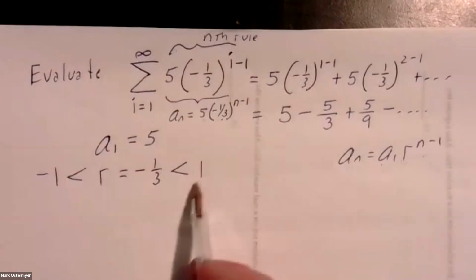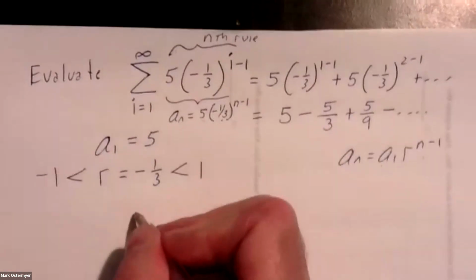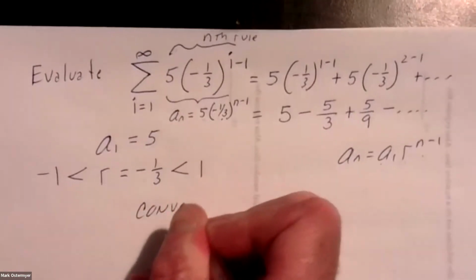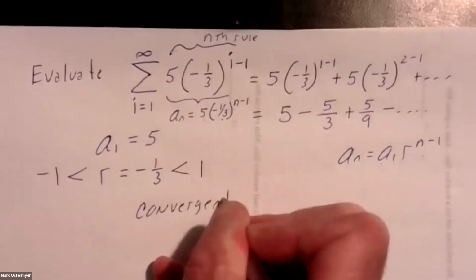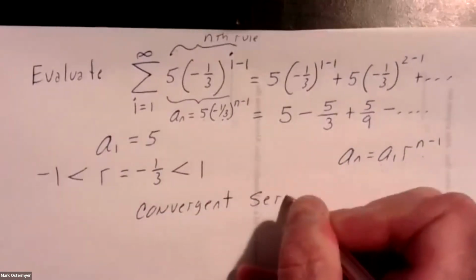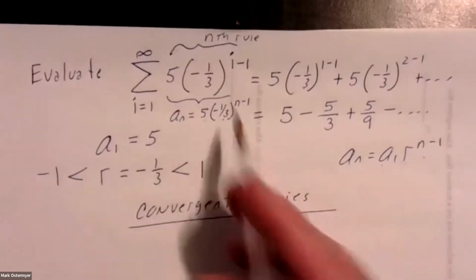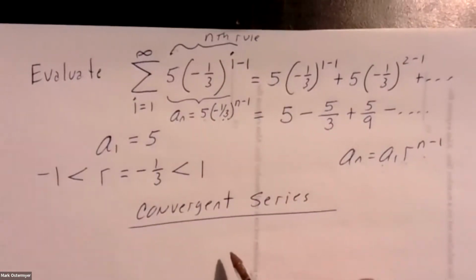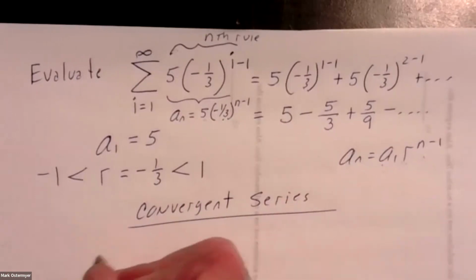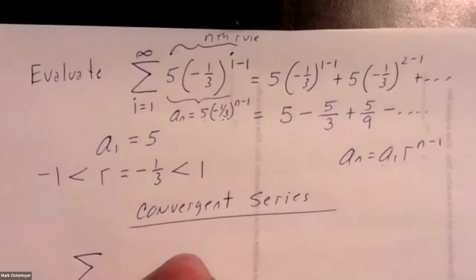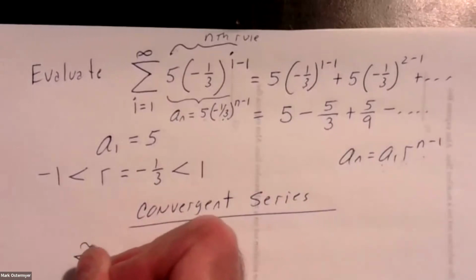Because my common ratio lies between 1 and negative 1, this is a convergent infinite geometric series. And because it's a convergent series, this infinite sum must exist. And so what is it? Well, to find what it is, we use our infinite sum formula we just developed.